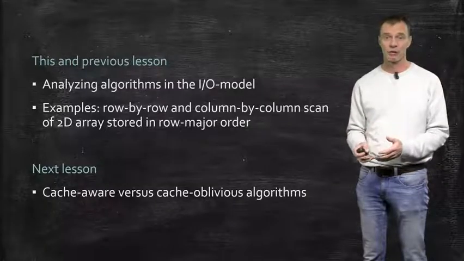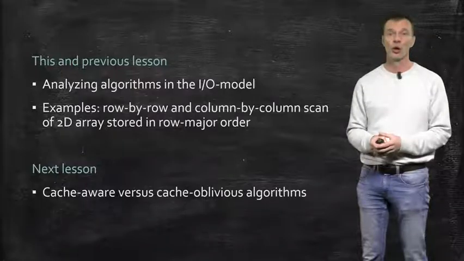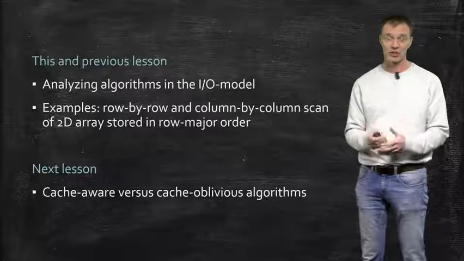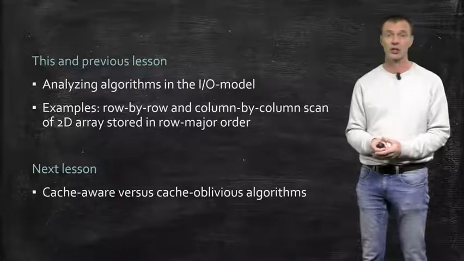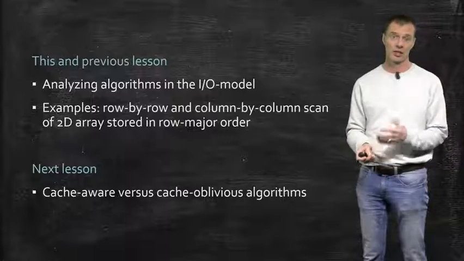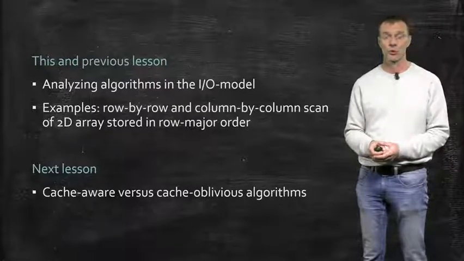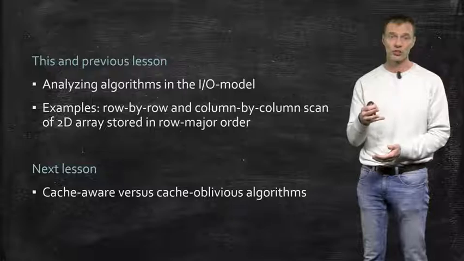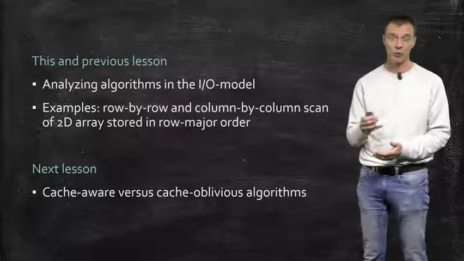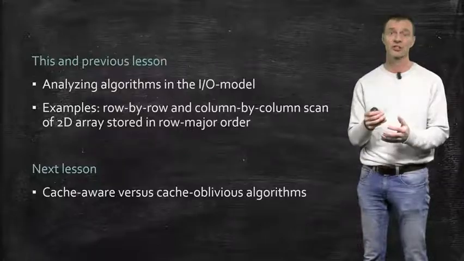One is an algorithm that actually needs to know the amount of memory that you have available and the size of the blocks. Those are called cache-aware algorithms. The other type of algorithm, similar to the one that we saw before, works without knowing the main memory size and without knowing the block size. But that's for the next lesson.